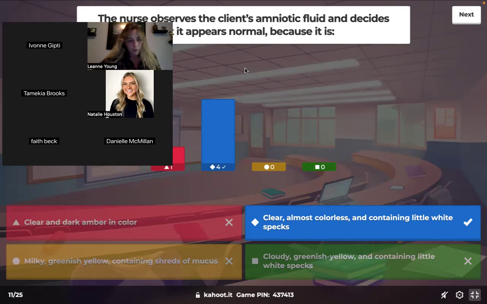But yeah, it can be a little bit straw, with a light color to it. We just don't want to see anything that's super dark. Like dark amber could be a sign of infection. So yeah, that is kind of tricky with the NCLEX stuff.